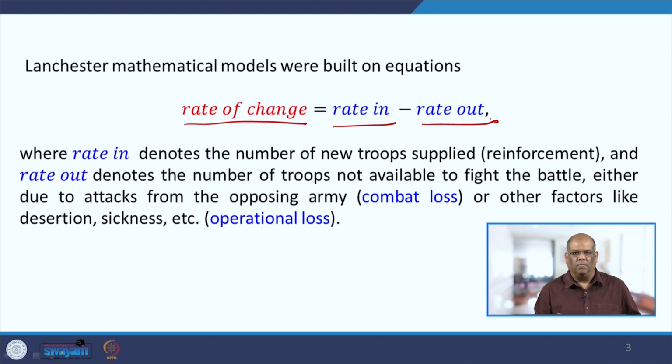The rate in is the total number of troops that have been supplied, which we call reinforcement, and the rate out is the number of troops not available for the fight, either because they are dead, sick or injured. Their difference is the rate of change.